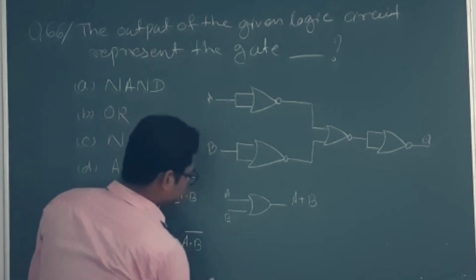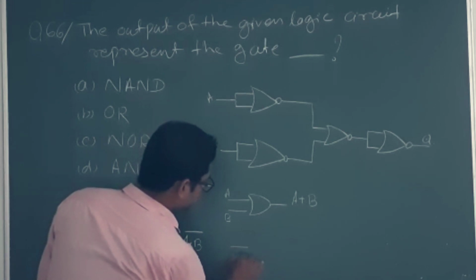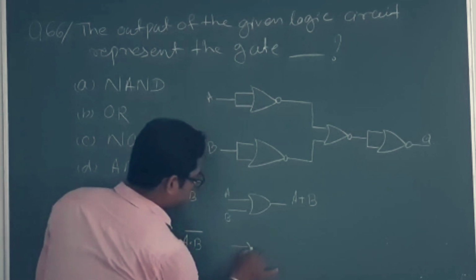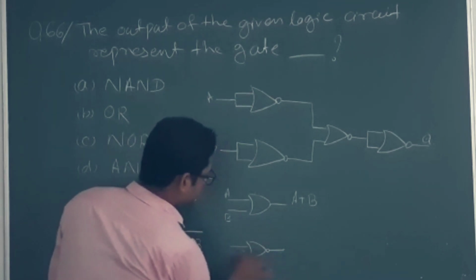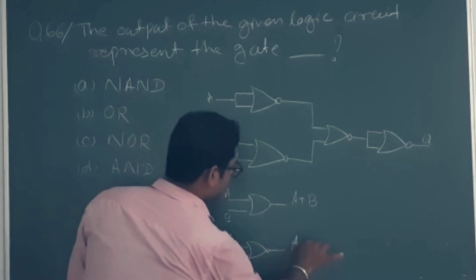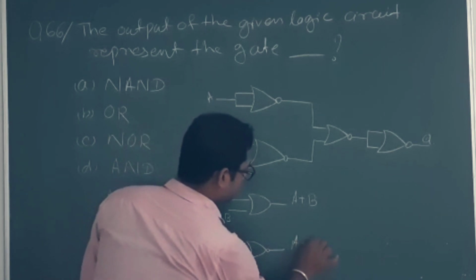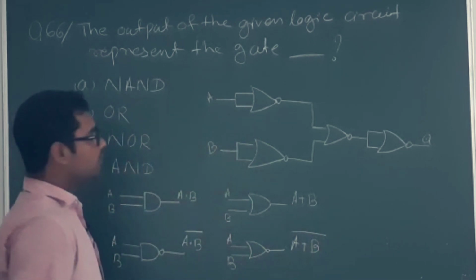Then the NOR gate, the output will be A plus B whole bar. So these are all the gates.